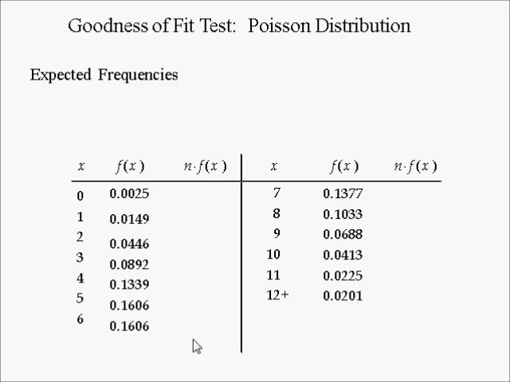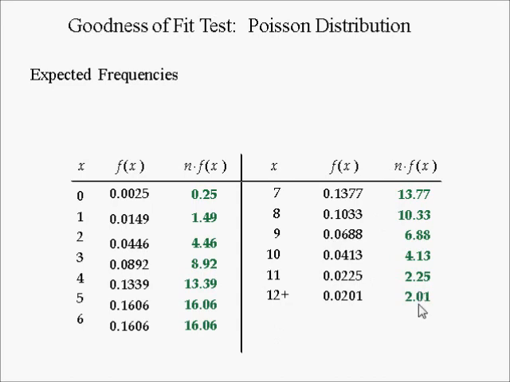So when I add up this column of f of x's, I get 1. Now, I got 0.25 here because, remember, n is 100, and 100 times 0.0025 is 0.25. 100 times this number is 1.49. 100 times that number is 4.46, etc. Now, again, when I add up this column here, I get 1, because this is the probability.